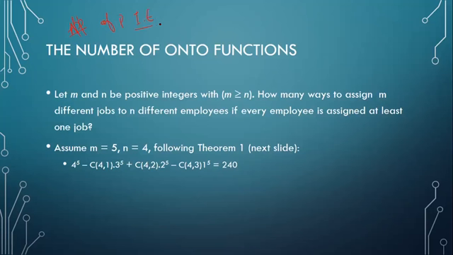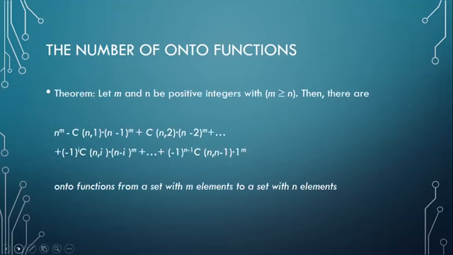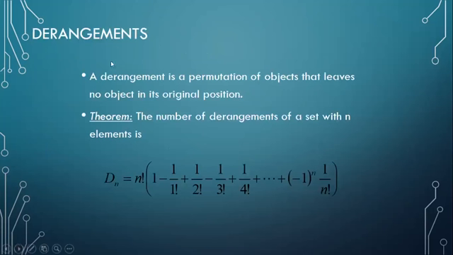Apart from that, the last application is derangement. Okay, what do you mean by derangement? So I've explained the hat check problem. Suppose in an office or a movie theater, the persons check their hats. Each person is wearing a hat and they check their hats at the checking counter.